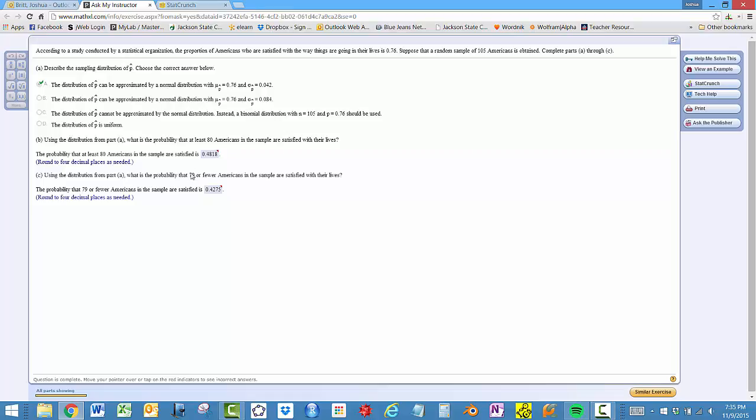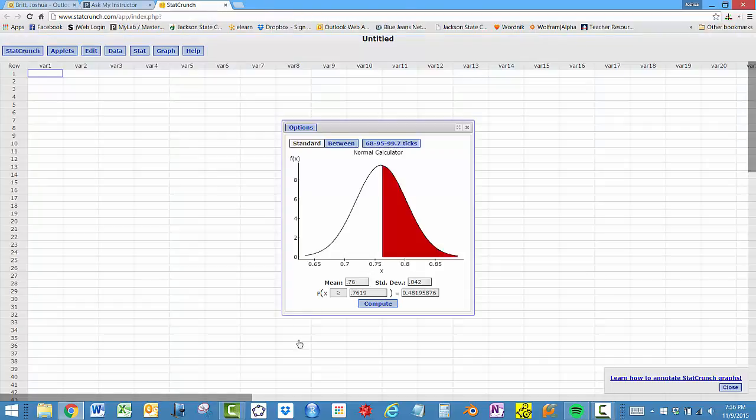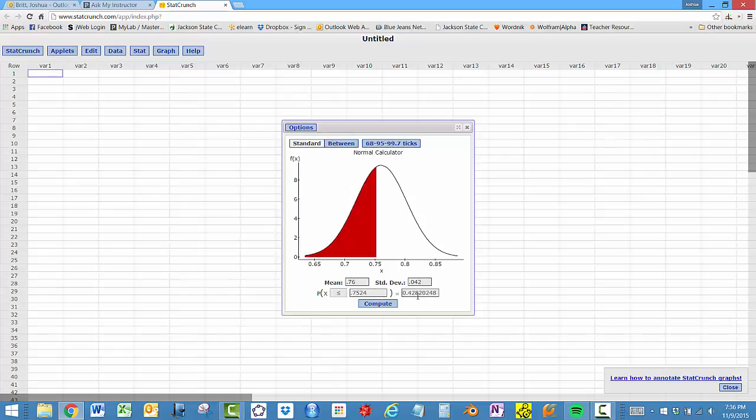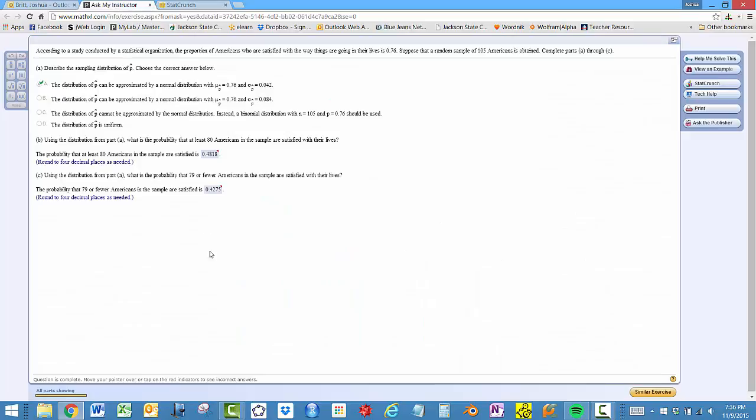So again, 79 out of the 105, and that's 0.7524. So we want to know less than 0.7524. And that's the 0.4282, which falls within the correct answer here.